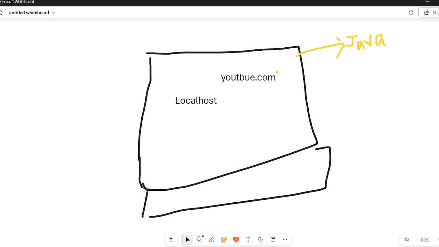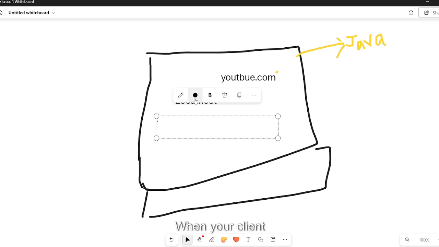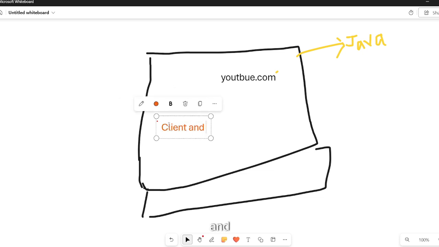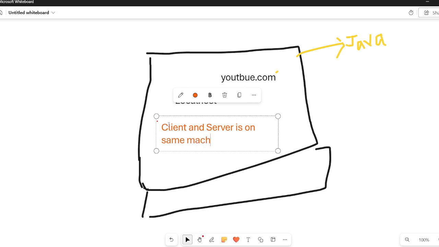Please listen carefully. When your client and server are on the same machine, it is known as one tier, or first tier, architecture.